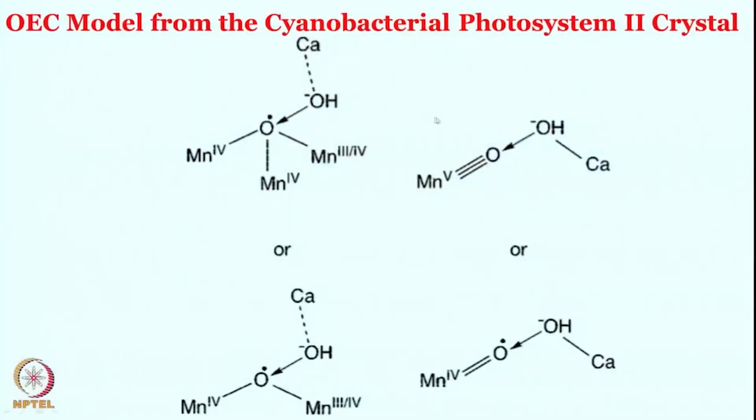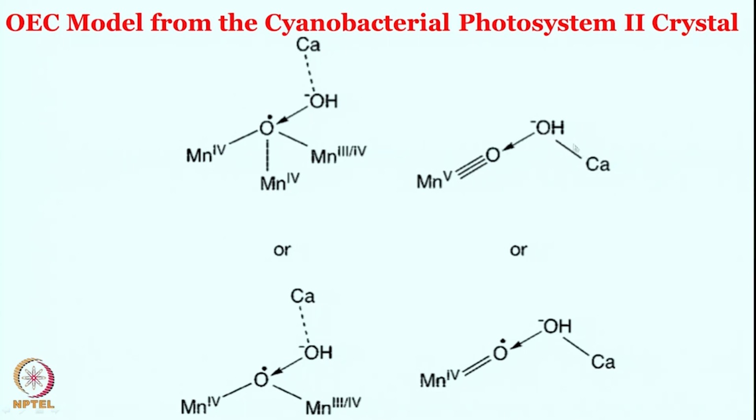For instance, as you see on the right, the calcium hydroxide arises from a water molecule and this oxo also arises from a water molecule. We will see the mechanism of how water gives rise to oxo in the next slide.